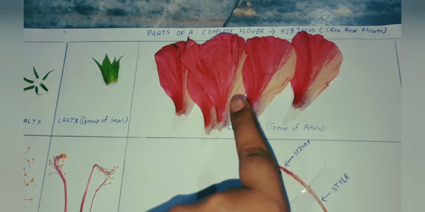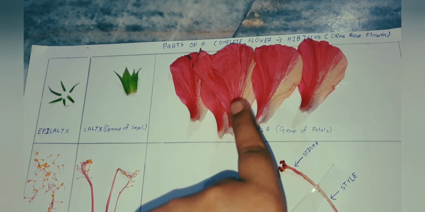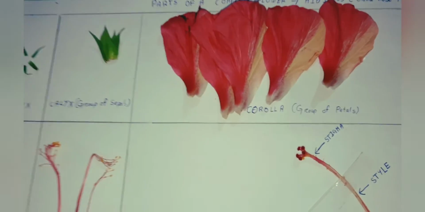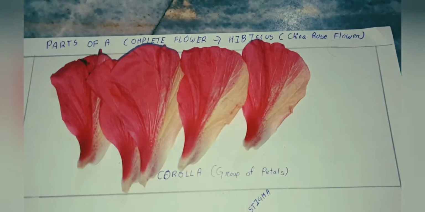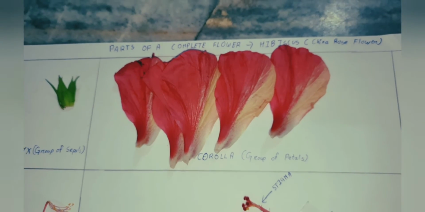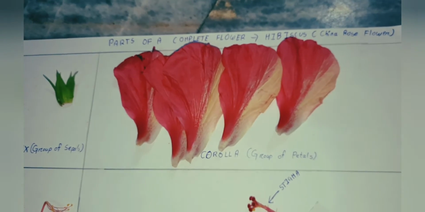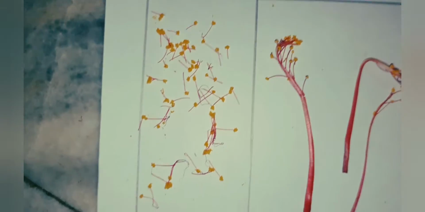So these petals play a very important role in pollination. So never forget that petals are not only attractive for us, these petals are also attractive for butterflies, honeybees, and so on.